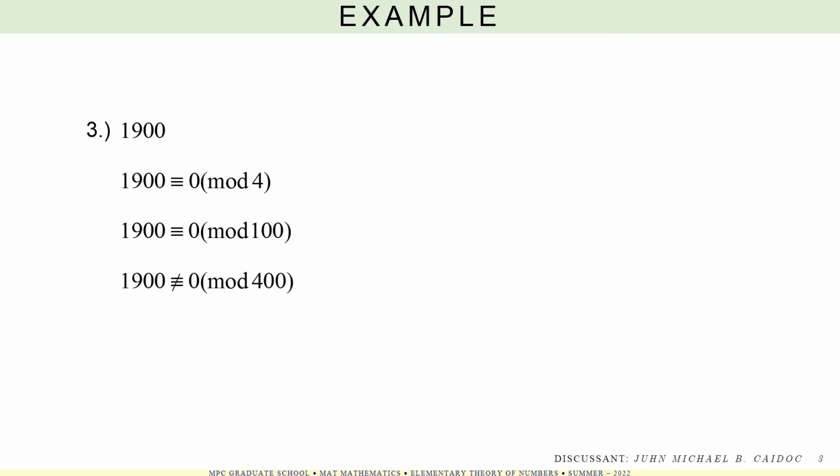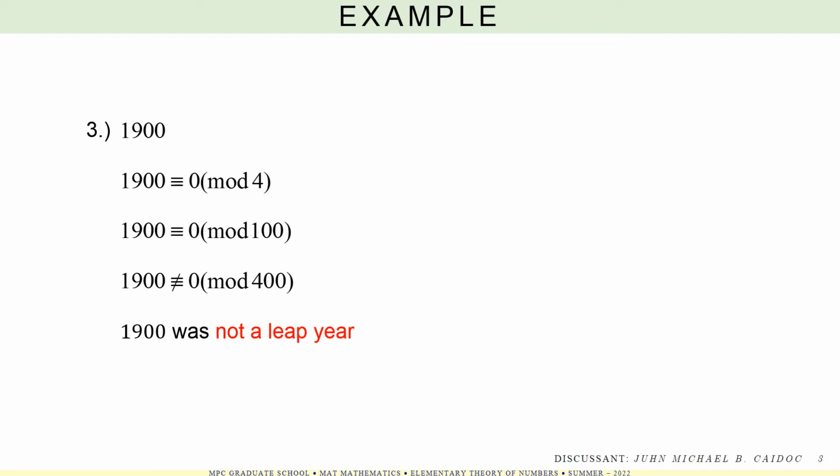Let's have another example. A year 1900. 1900 is congruent to 0 modulo 4 because when we divide 1900 by 4, we'll get a 0 remainder. 1900 is congruent to 0 modulo 100 and 1900 is not congruent to 0 modulo 400 because when we divide 1900 by 400, we'll get a remainder 300.